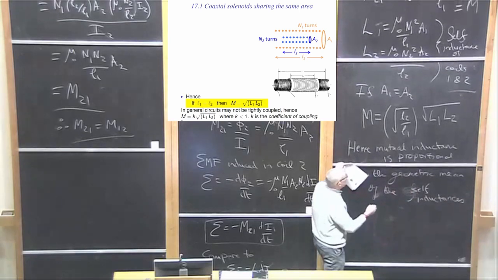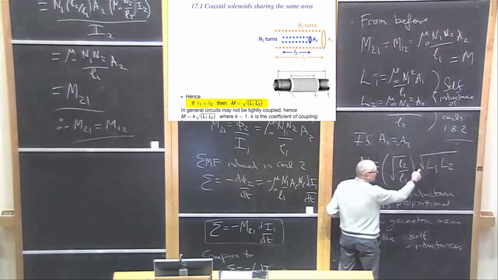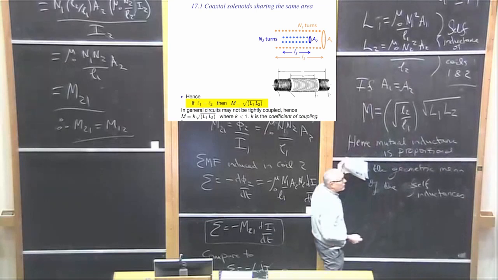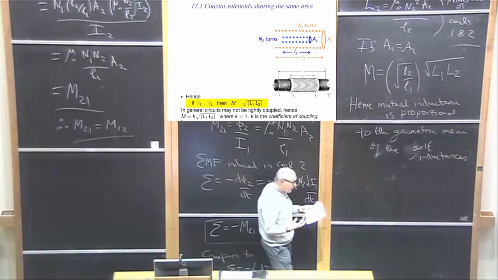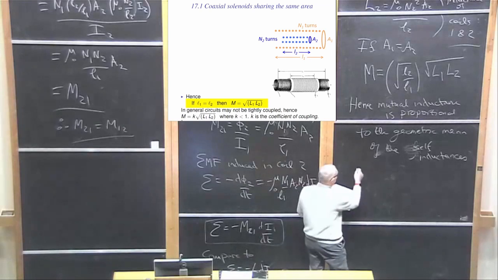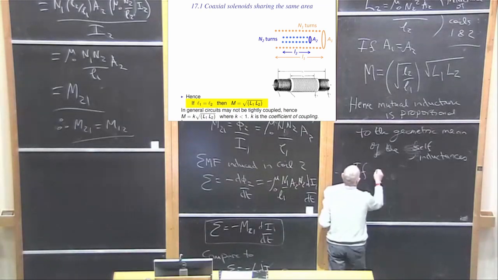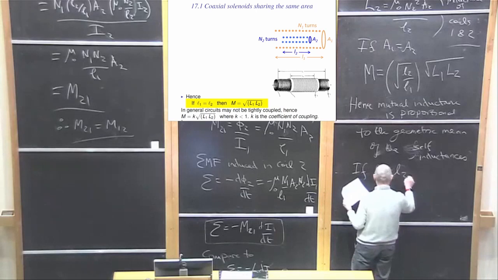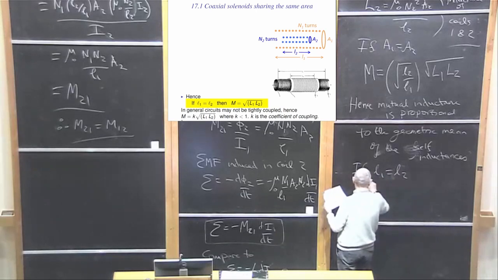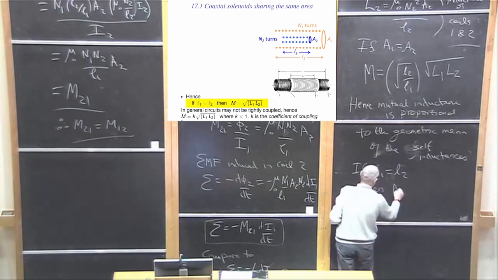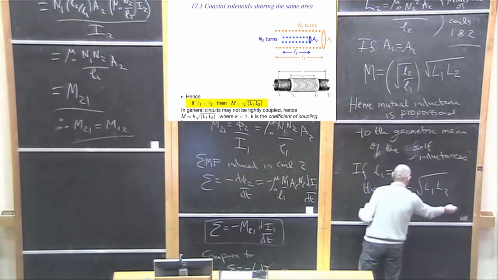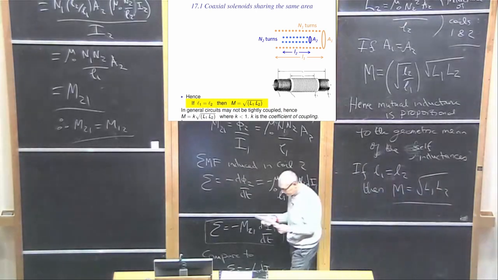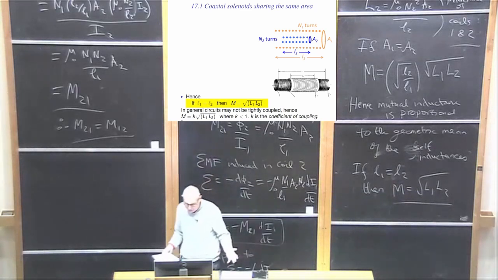Right. That's what geometric mean means, right? It's the square root of the product. And so you can see, if the lengths are the same, then the mutual inductance is just equal to the geometric mean of the two self-inductances.